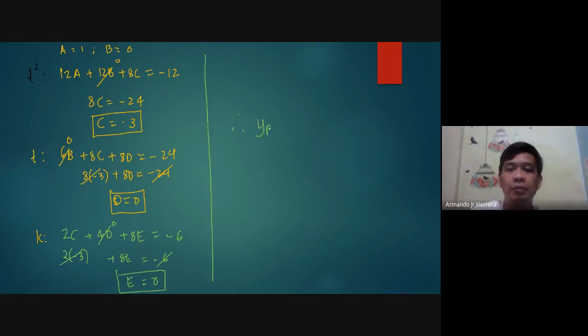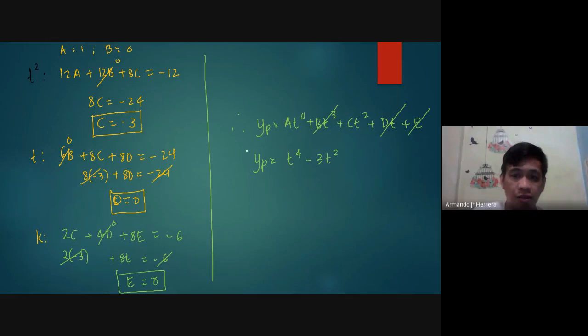Therefore, our yp is at to the fourth plus bt cubed plus ct squared plus dt plus e. A is 1, so yp is equal to t to the fourth. B is 0, d is 0, e is 0. Then this is negative 3t squared. So that's our yp.